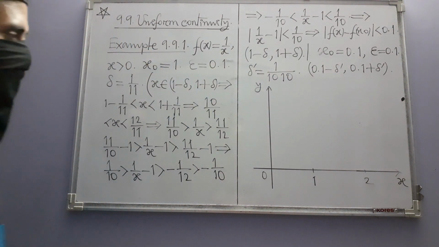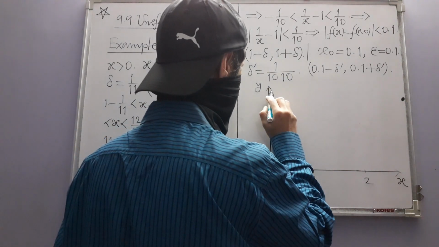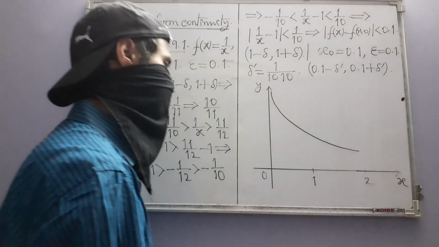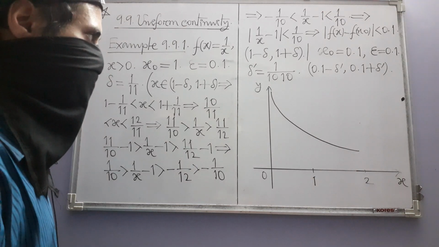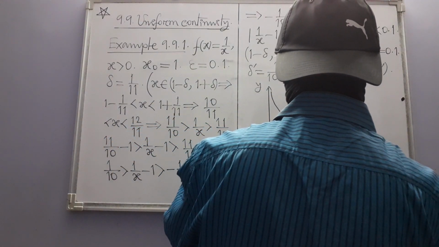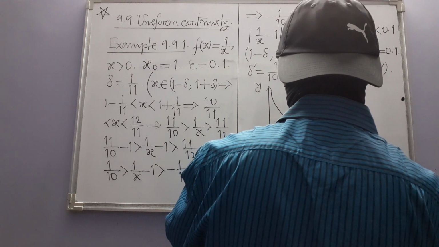Now if I roughly draw the graph, then it just looks somewhat like this. So what happens is that at the point 1, of course the function value is 1.